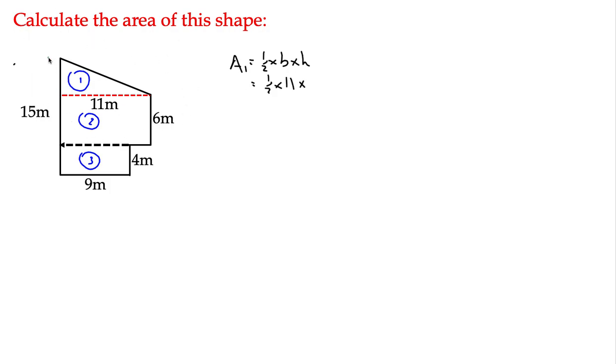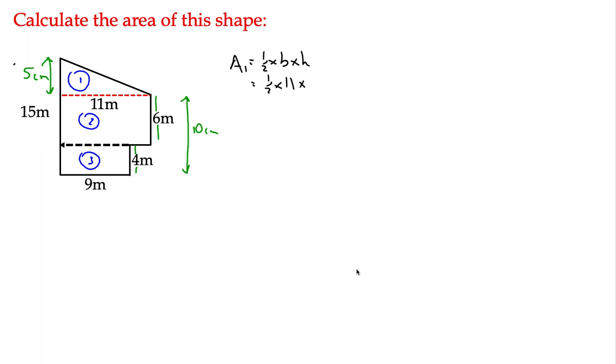We don't have this height here. What we do have, down here is 6, and down here is 4. So far that's 10 on this right hand side, 10 centimeters. The whole height on the left is 15, which means that we're going to have to assume that that's 5 centimeters.